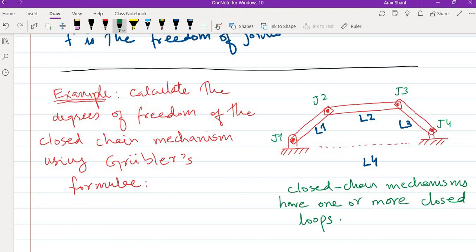So our problem is that we have to calculate the degrees of freedom of this closed chain mechanism using Grubler's formula. So let's see how we can do that.